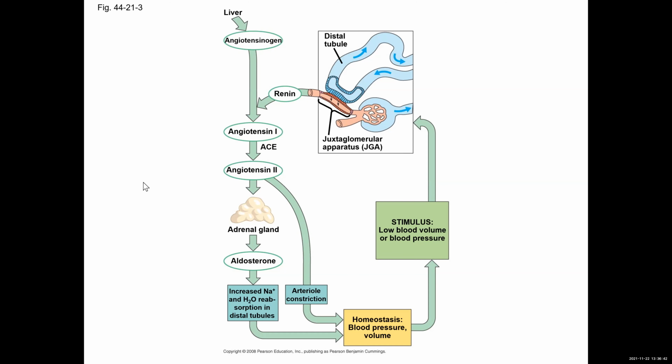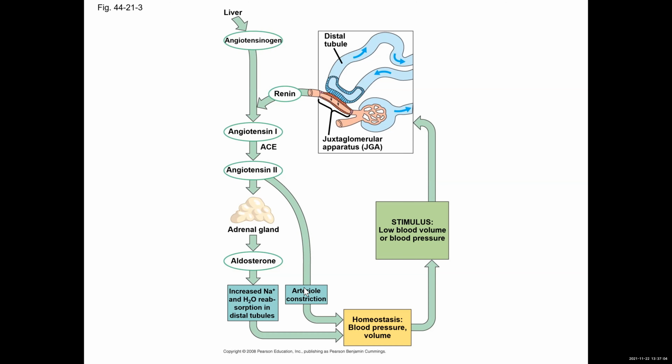What does that do? In the short term, it increases our blood pressure, right? It makes the arteries skinnier, decreases the volume, increases the pressure. Doesn't help us if our blood is squirting out all over the place, but in the short term, it increases our blood pressure.